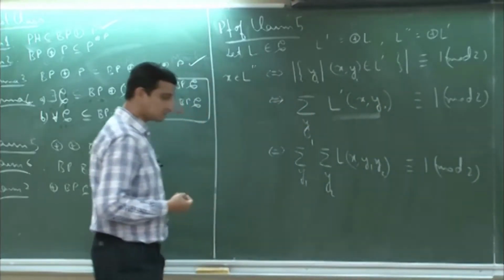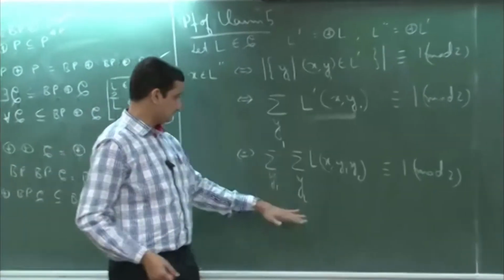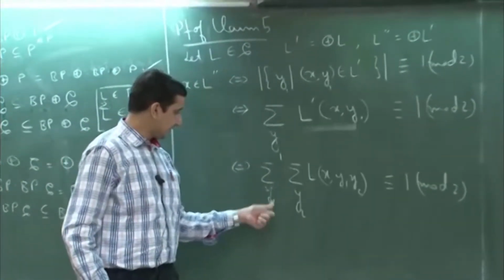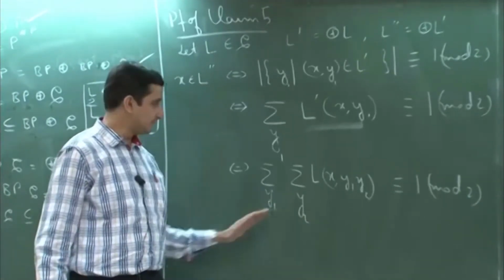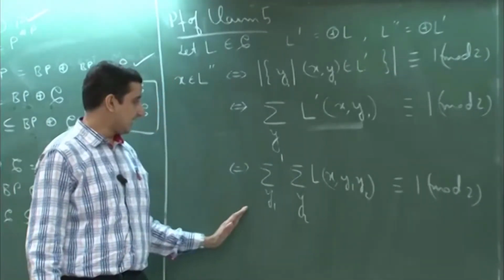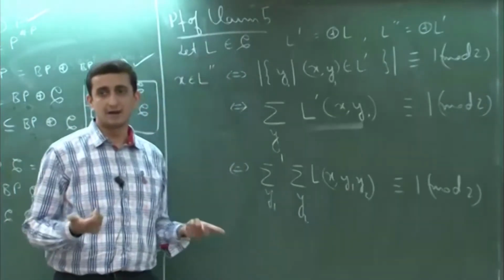So what this says is that for every certificate y1 I have an odd number of certificates y2. So basically I am taking an odd number of sums of odd numbers.